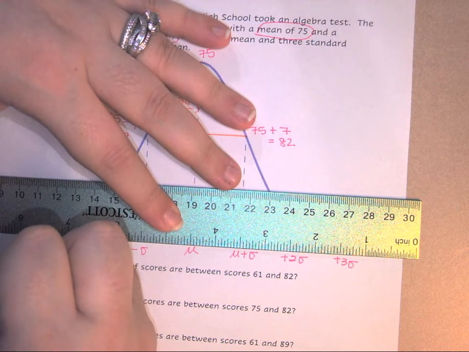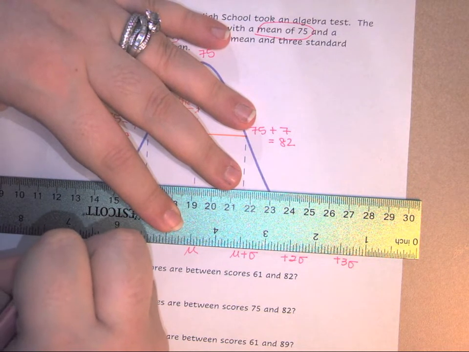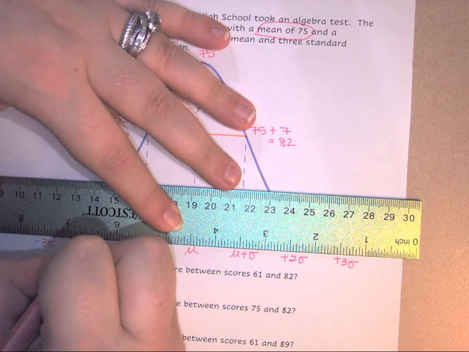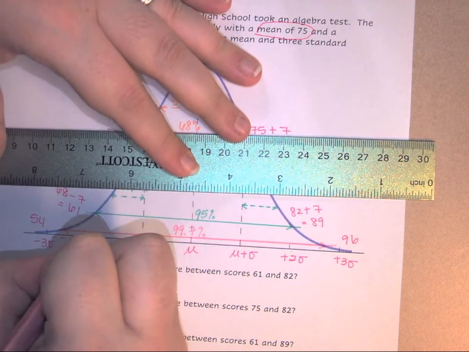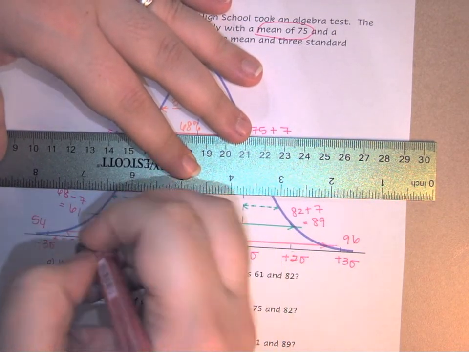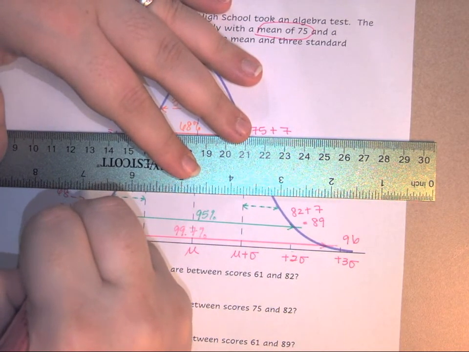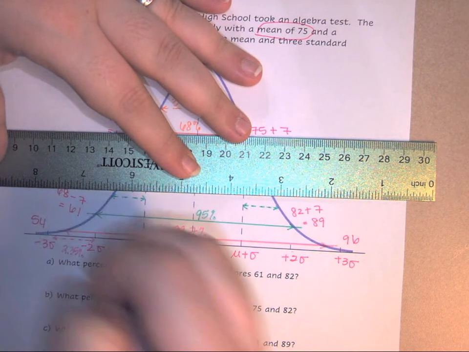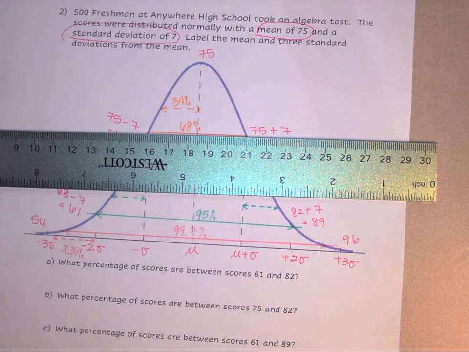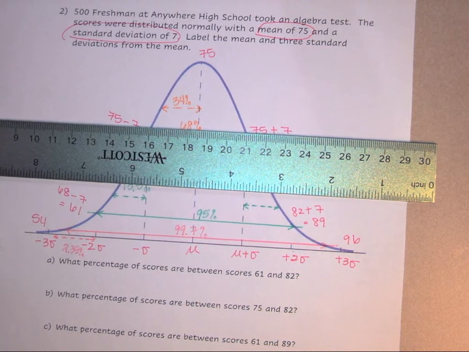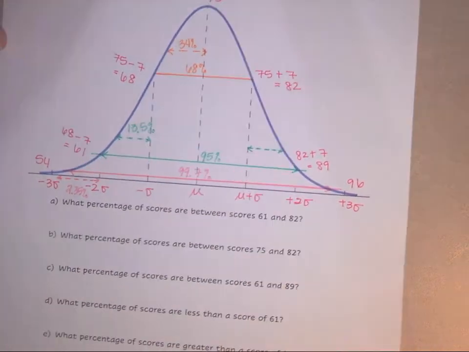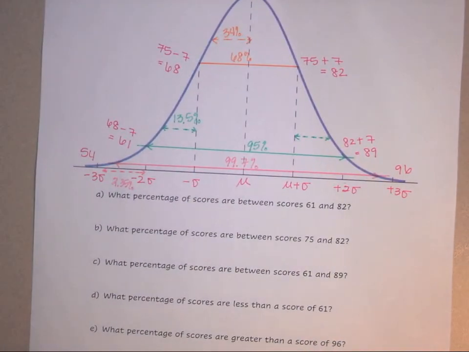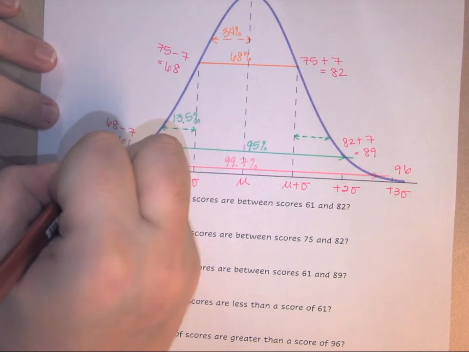That also means that the little stretch that is going to go from here all the way across down here is going to be 2.35%. And then at the very end we have my best and worst.